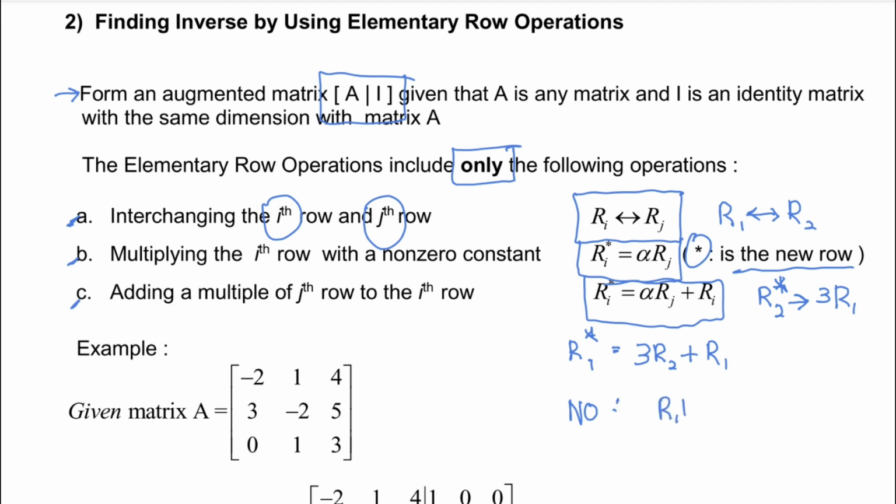You cannot multiply any row with any row, or you cannot divide any row with any given row. This is very important. You cannot do it like that. Do you understand?